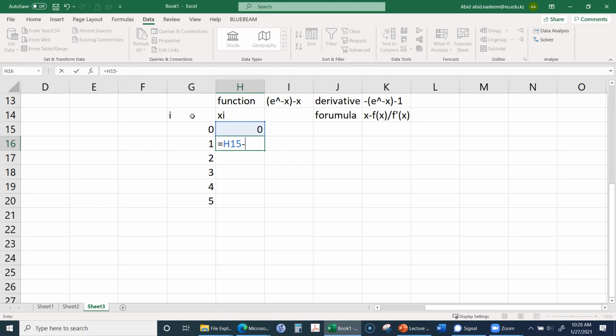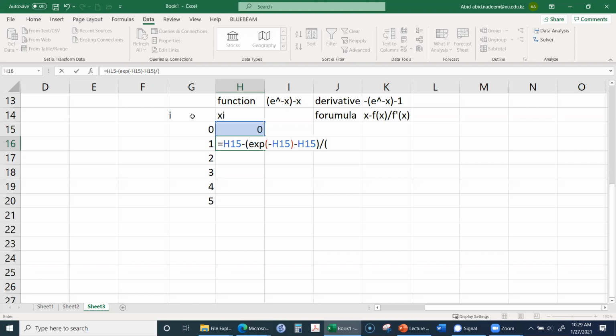So for e, I will put the exponent of the function, xl minus x. X is this value, and minus x, x is also again this value. Then I close the bracket and divide by the derivative.